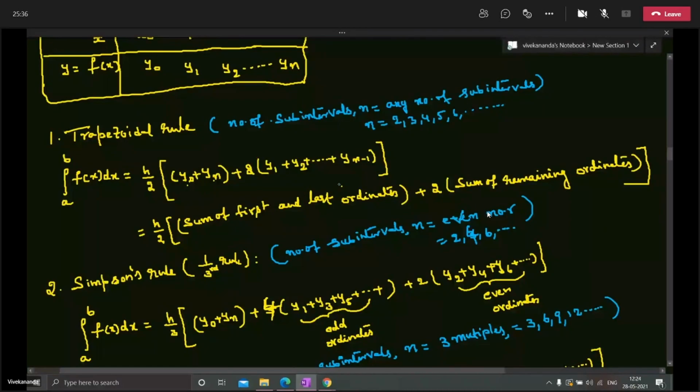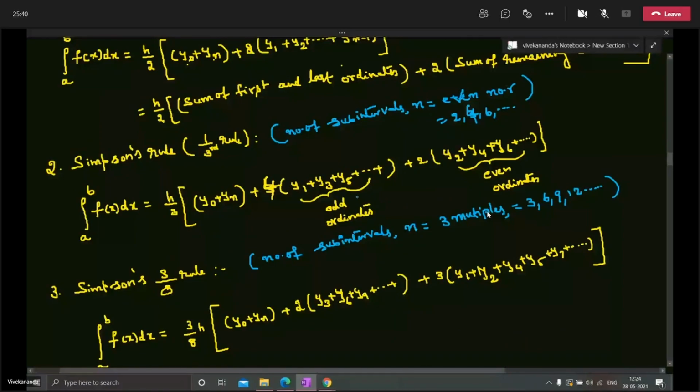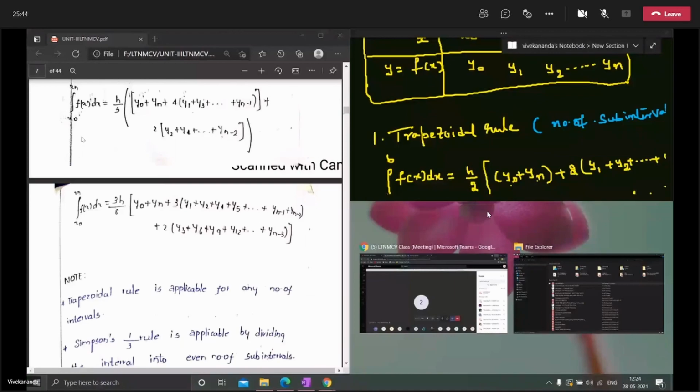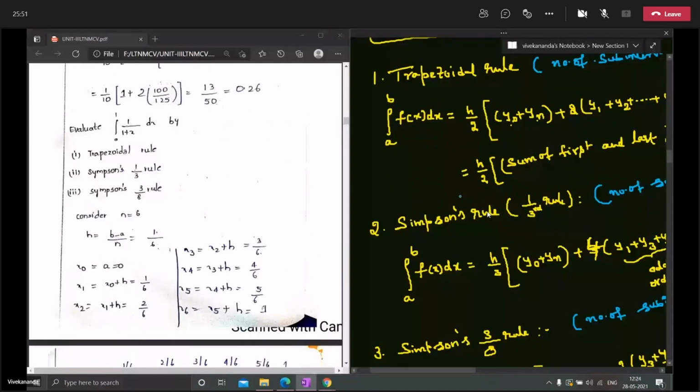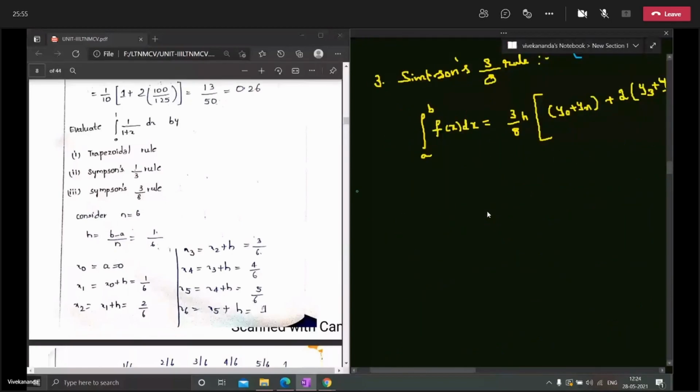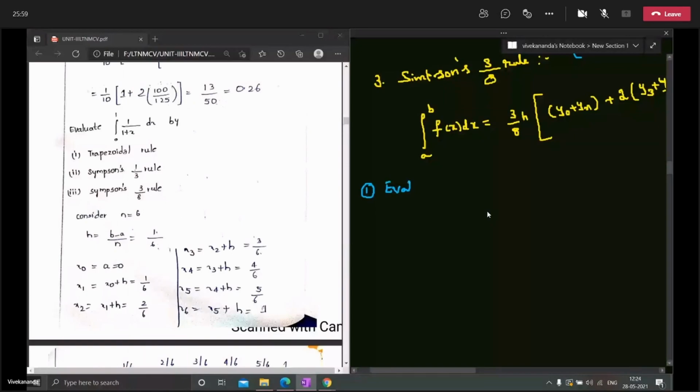Using these rules, we will discuss one problem. Evaluate the integration from 0 to 1 of 1 by 1 plus x dx, first by the trapezoidal rule, second by Simpson's rule, and third by Simpson's 3 by 8 rule.